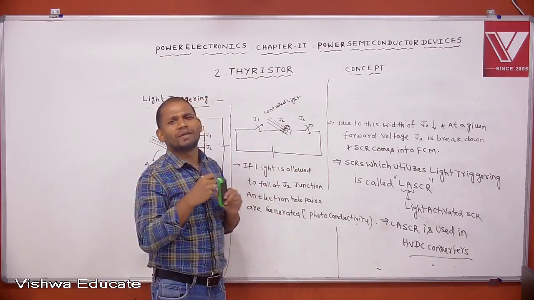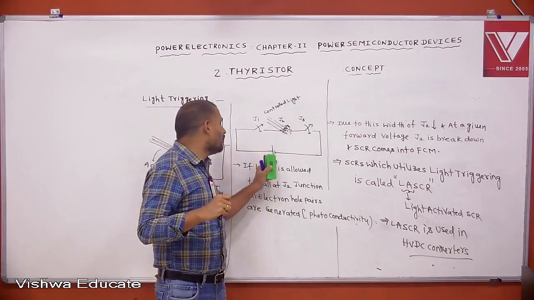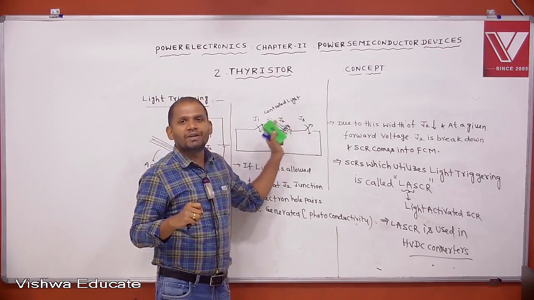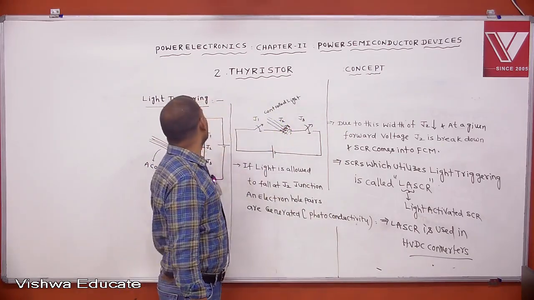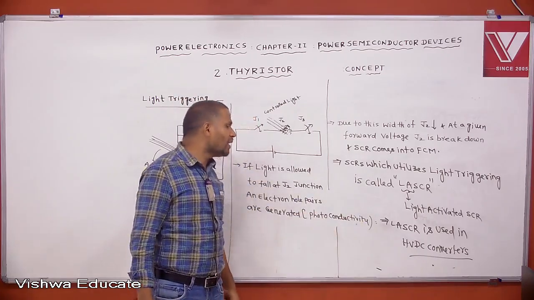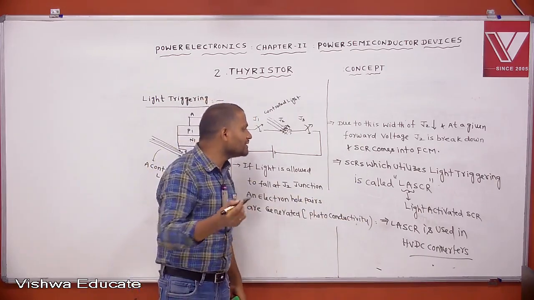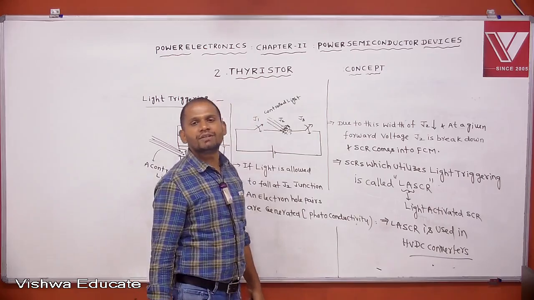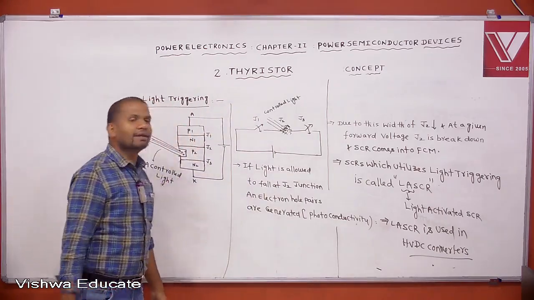It is just like doping. With a given forward voltage, J2 breaks down and the SCR comes into forward conduction mode. That is called the light triggering method. SCRs which utilize light triggering are called LASCRs, light activated SCRs, and they are used in HVDC converters. This is exactly what the light triggering method is.